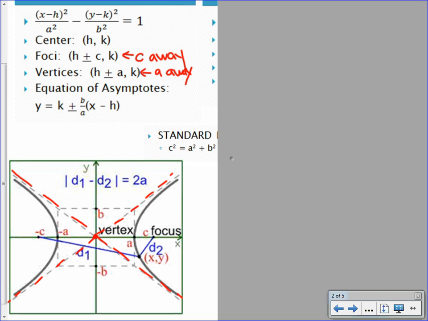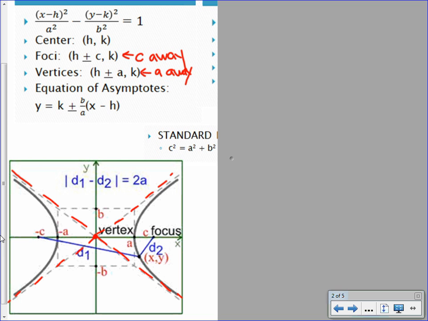Please separate this from how we find c in an ellipse. In an ellipse, we take c squared as a squared minus b squared. In a hyperbola, we take c squared as a squared plus b squared.